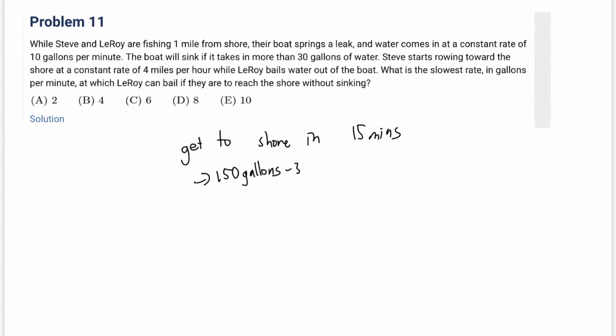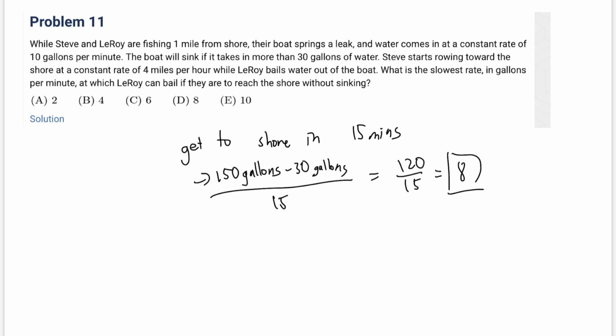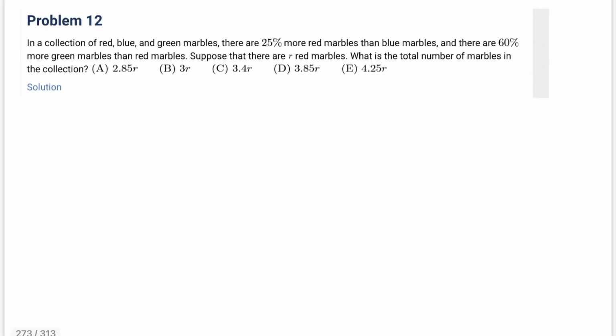So minus 30 gallons, and then it's over 15 minutes, right? So gallons per minute, so over 15. This is 120 over 15. This is 8. So the slowest rate that he can bail is 8 gallons per minute. So the answer is D.